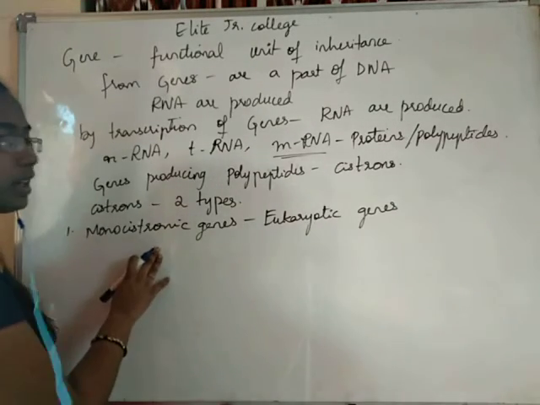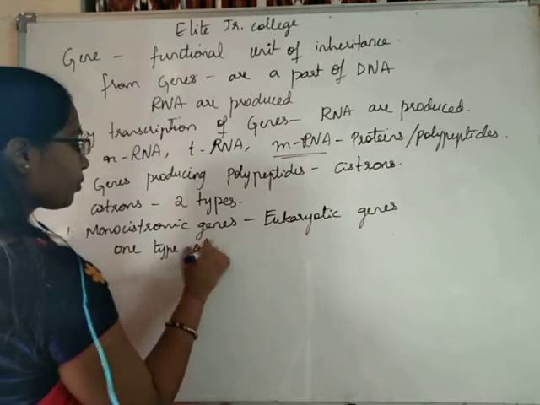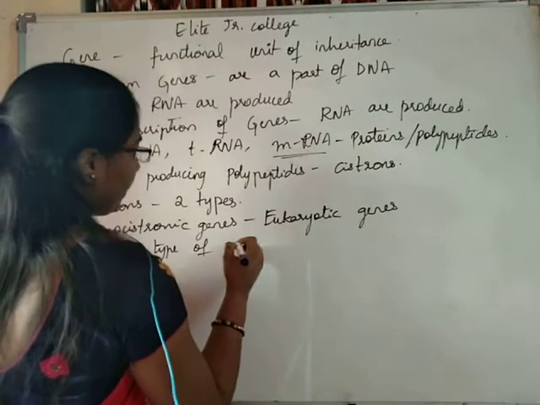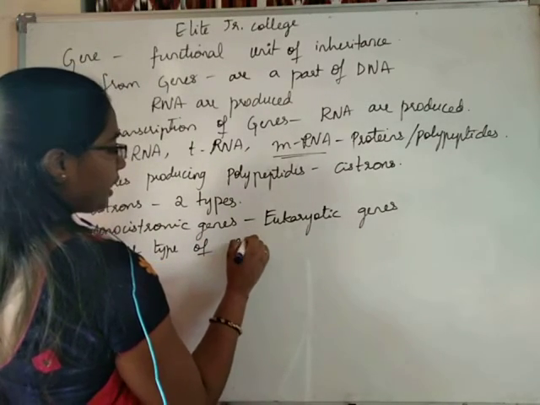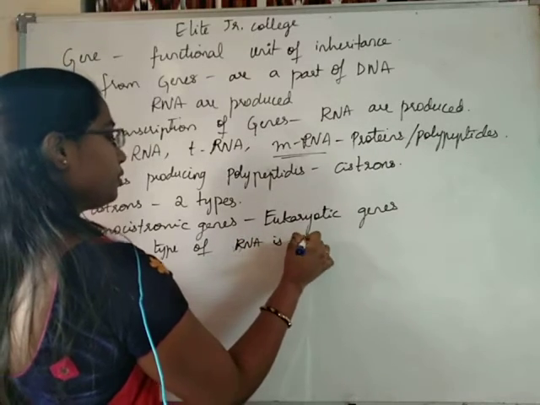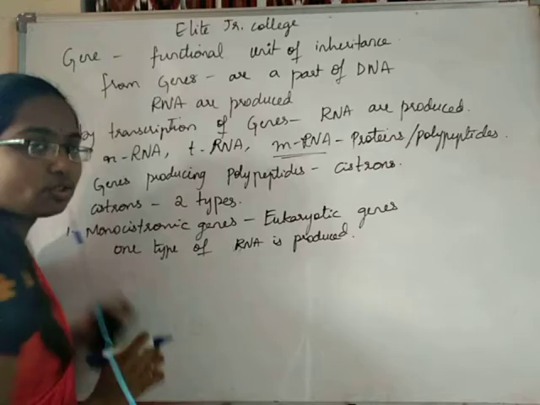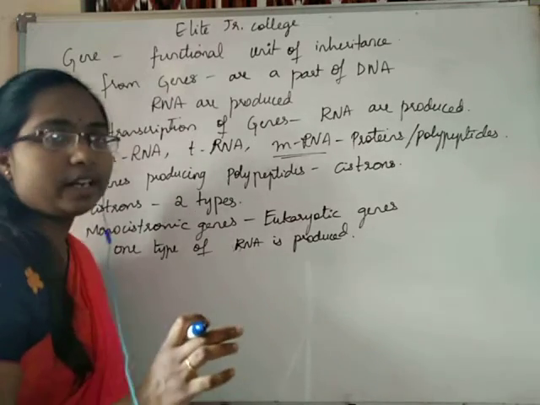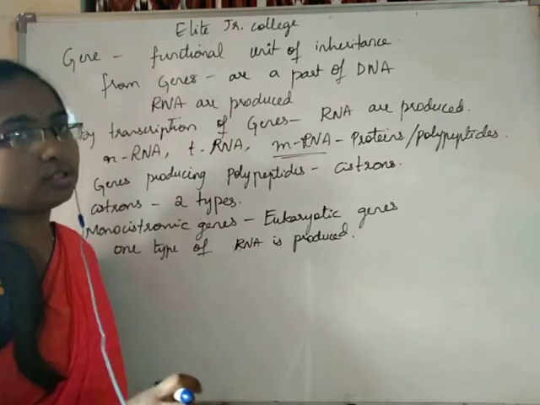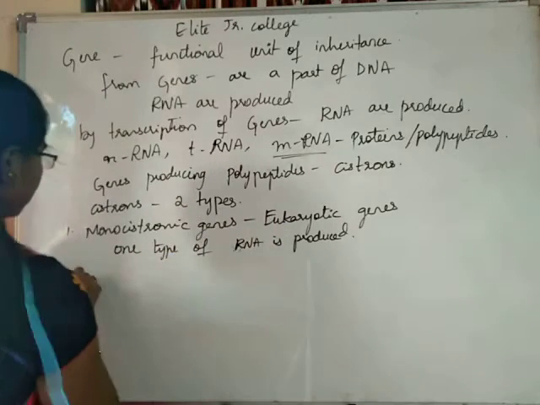From monocistronic genes, only one type of RNA is produced. Only one type of RNA will be produced from monocistronic genes, which are generally found in eukaryotes.